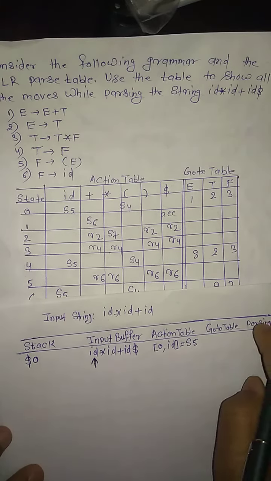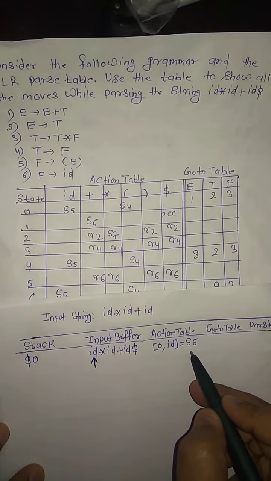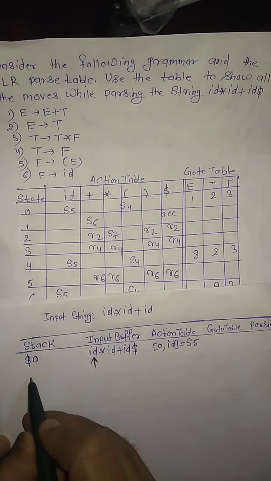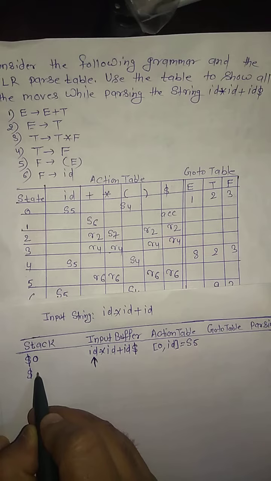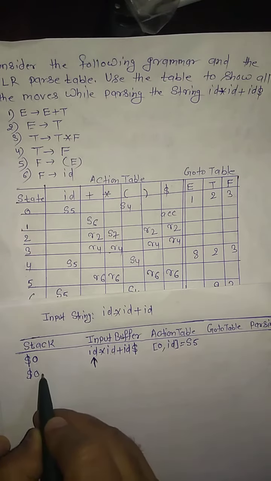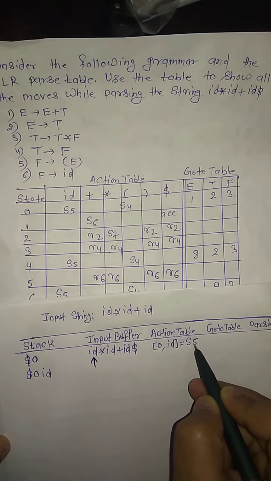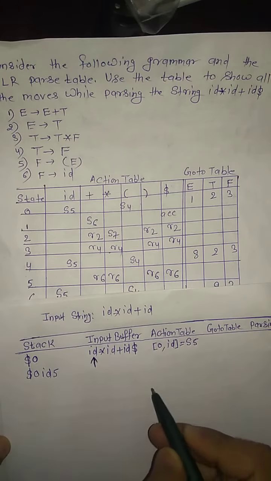So you shift ID onto the top of the stack. In the next row you write 0 and ID, and this is the fifth state, so you also write 5 on the top of the stack.